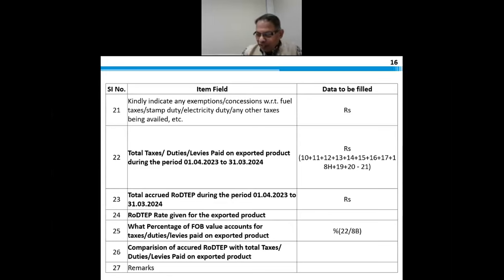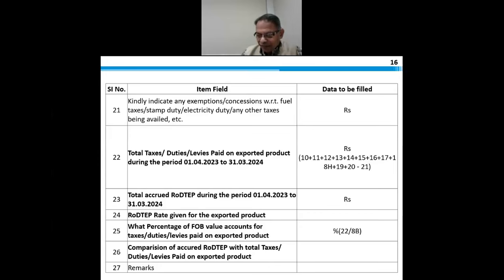Total accrued RoDTEP 1/4/2023 to 31/3/2024. Please remember the word is accrued, not necessarily claimed. What is due to you? RoDTEP rate given for the exported product. What percentage of FOB value accounts for taxes and duties? Comparison of accrued RoDTEP with total taxes and duties paid on exported product.